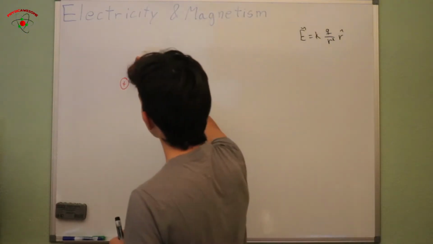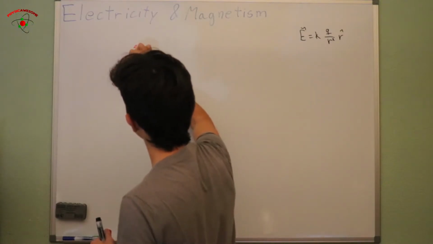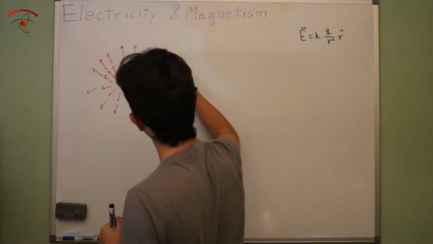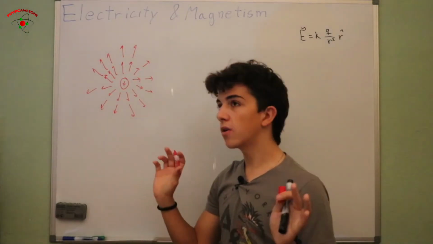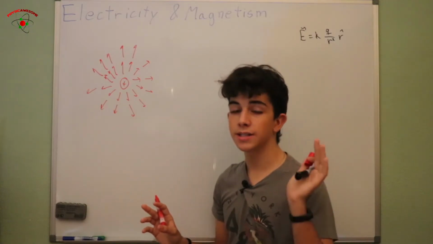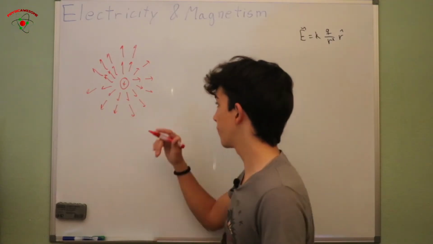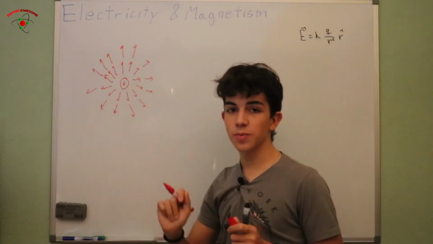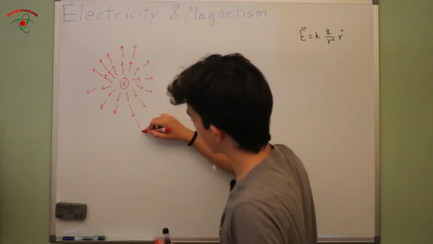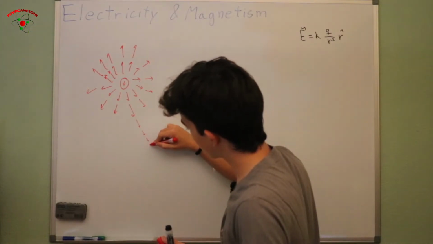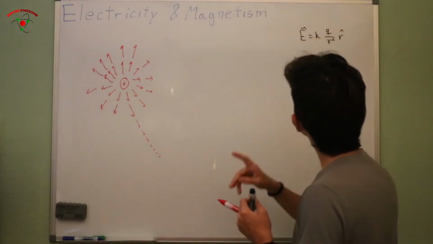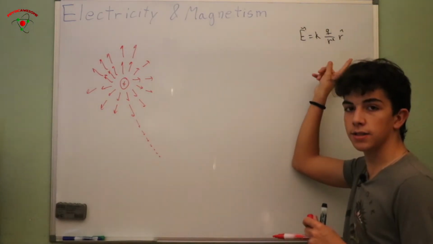Therefore, the configuration will be something like this. And note that the farther apart we are, the smaller the arrows need to be, as the magnitude is smaller too. It is not very well represented in this diagram, but if we extended one of these lines, it will go like this, and every time the arrows are smaller and smaller, because this is the case as 1 over r squared.